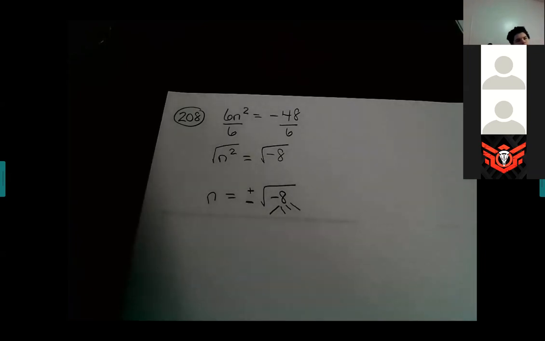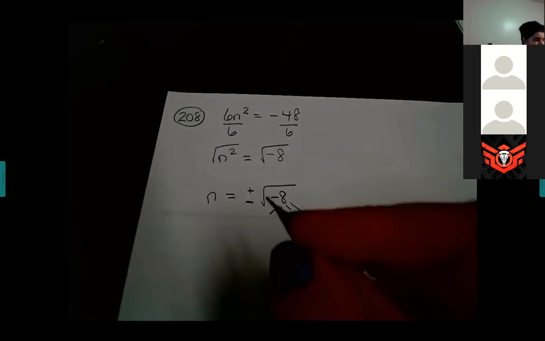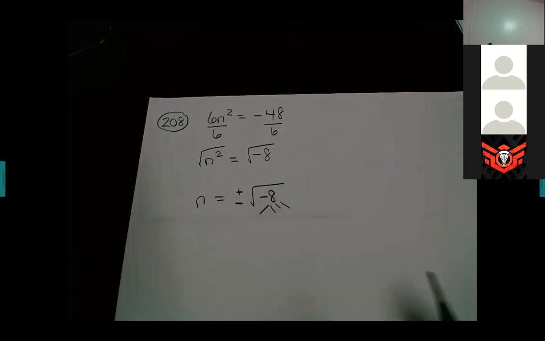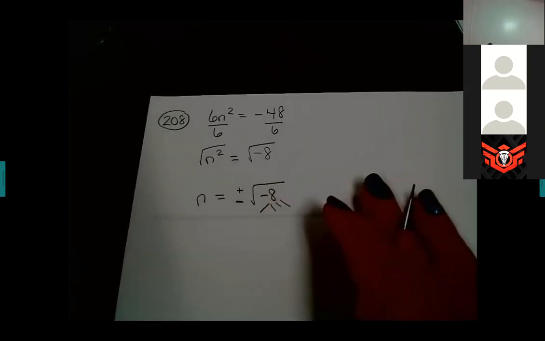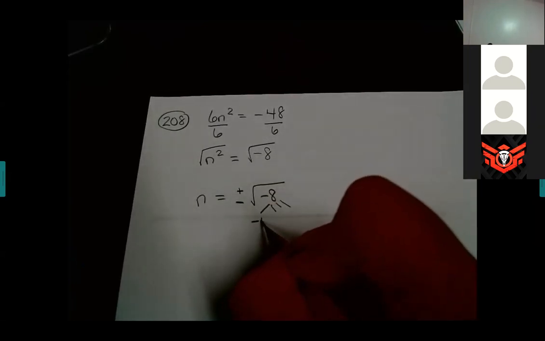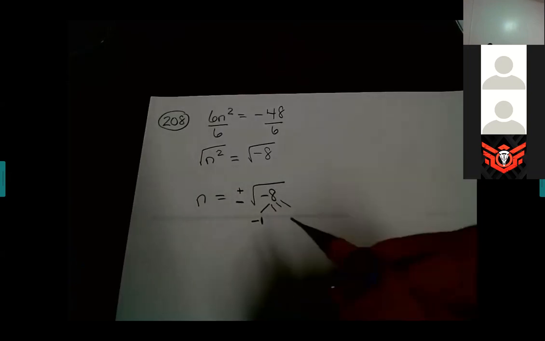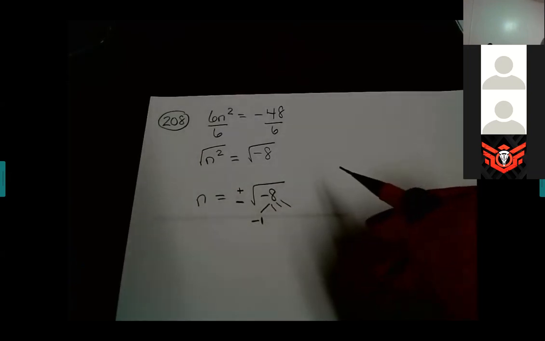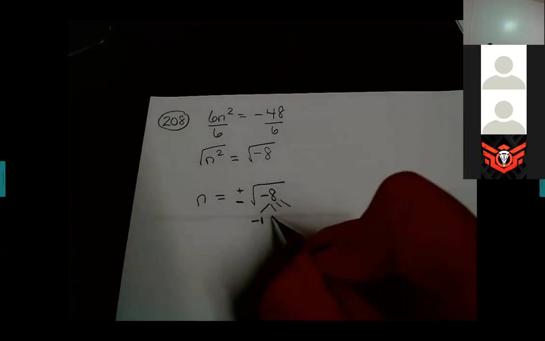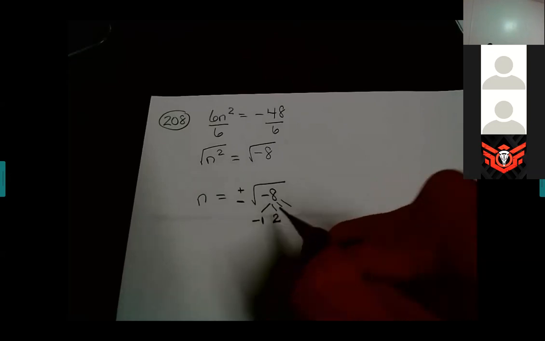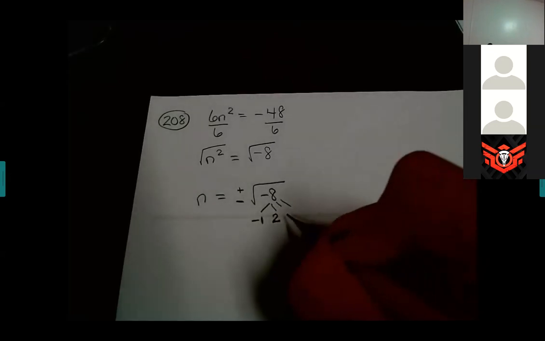All right. So, yeah, Logan, but I want to break it completely down as far as I can go. So, Logan said -1 times 8. Okay. What goes into 8, Logan? 4 and 2. All right. So, I'm going to write the 2. And what goes into 4? 2 and 2.